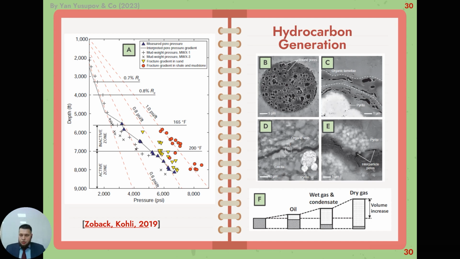Second, conversion of solid organic material supporting the overlying rock formation into hydrocarbon pore fluids, preventing the structural collapse of the rock frame. It's estimated that the liquid volume increased by about 25%, with an even greater volume increase as the maturation process progresses from oil to wet gas to dry gas.